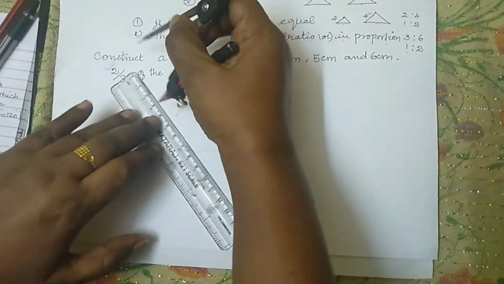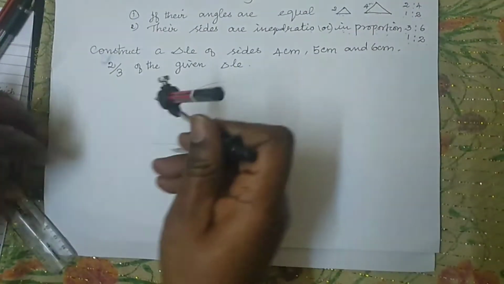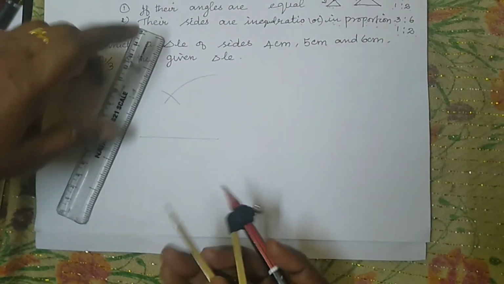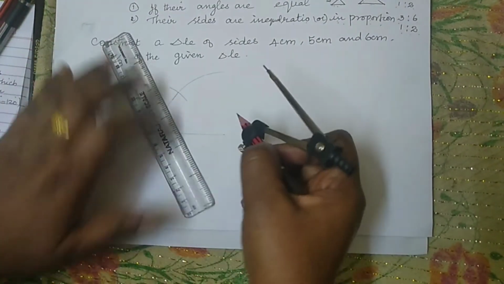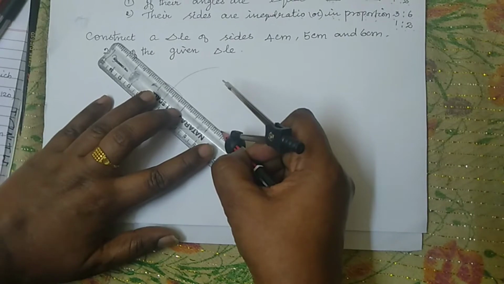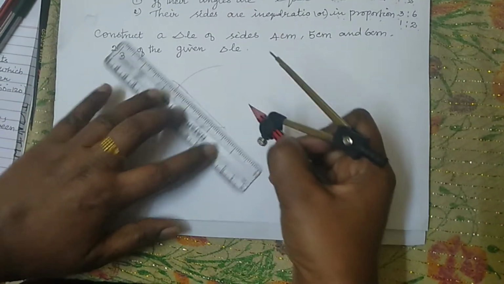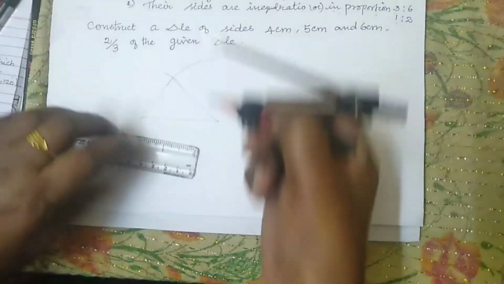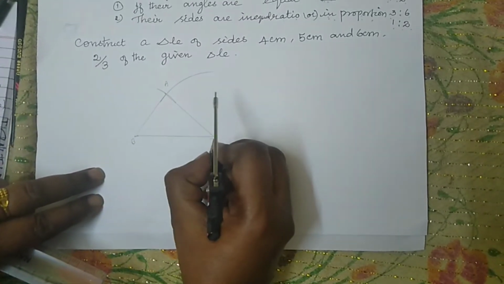Then the other side is 4 centimeter and I cut another arc. Now join this. We get a triangle. Now name the triangle as ABC.